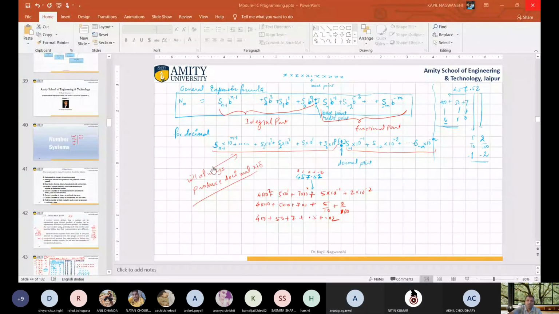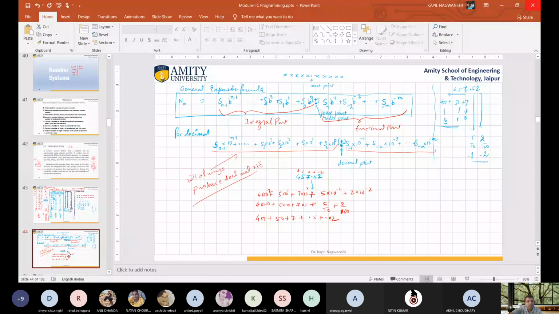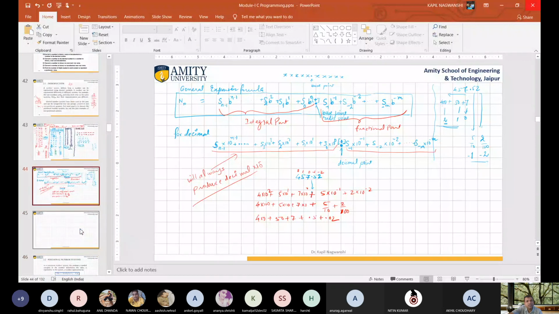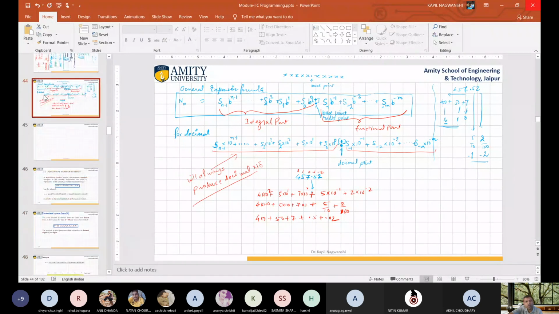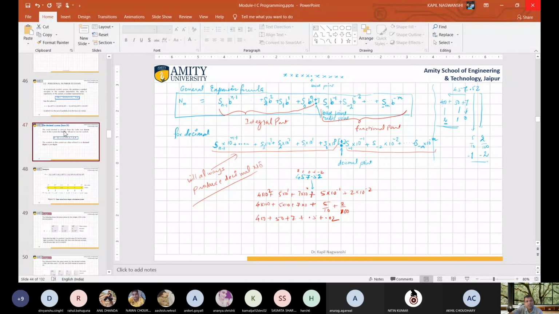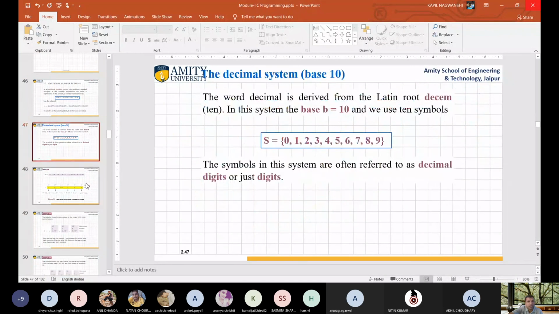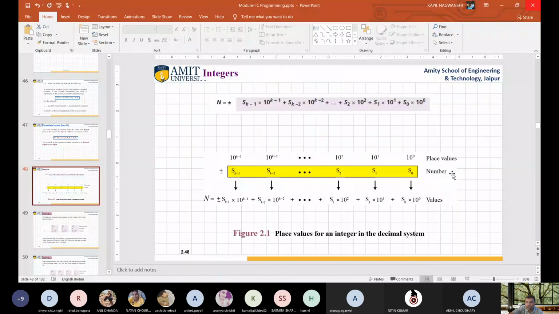And I will explain to you the concept of how to convert. Till now we have seen the different number systems, their introduction, and we have also seen the expansion. If you go to the slide, you can find how this slide is helpful for you. Whatever formula I had written here is given in the next slide, and this shows the base and everything. The same formula I have shown to you. Here, instead of writing k, I had used n.